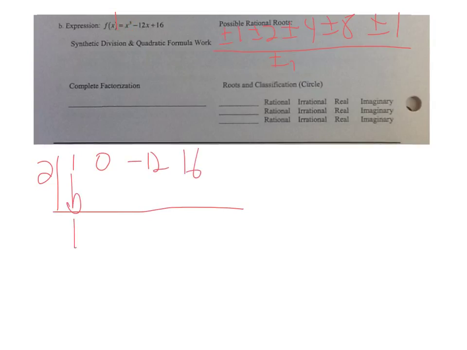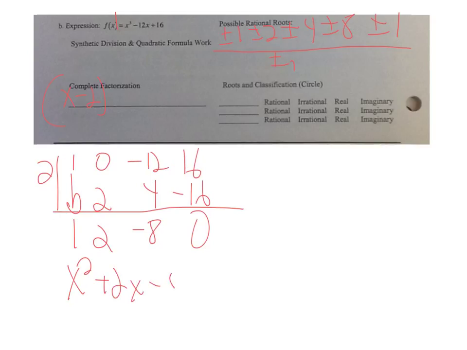I'm going to bring down the 1. 1 times 2 is 2. 2 plus 0 is 2. 2 times 2 is 4. That's minus 8. Oh, did I ever get lucky? 0. So x minus 2. And then that is x squared plus 2x minus 8. Well, that factors to x plus 4, x minus 2.